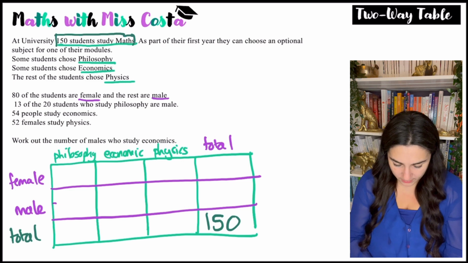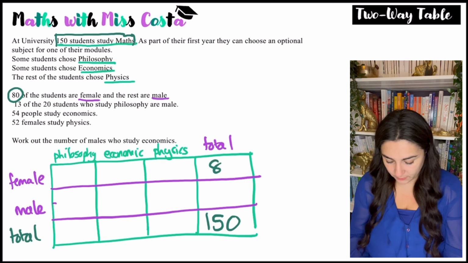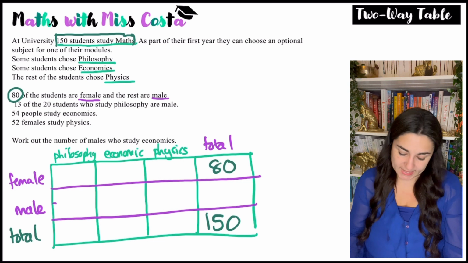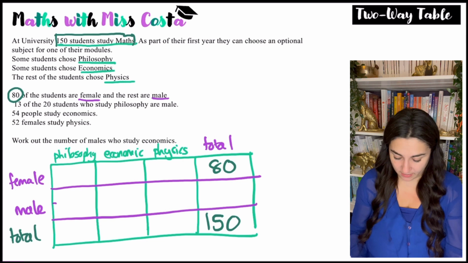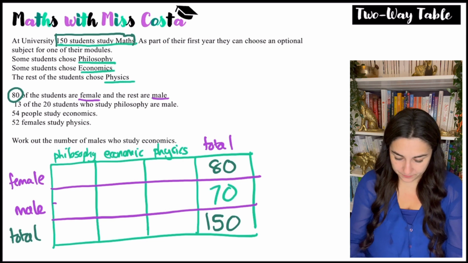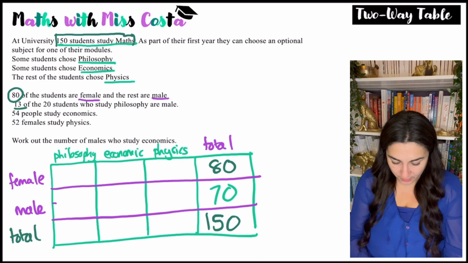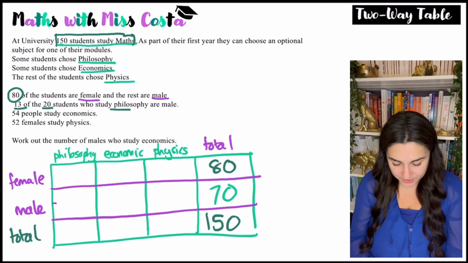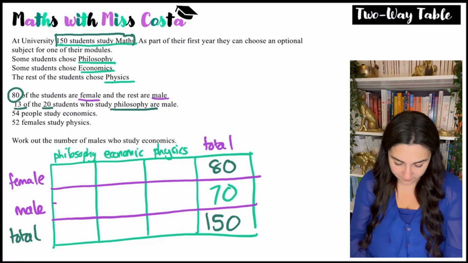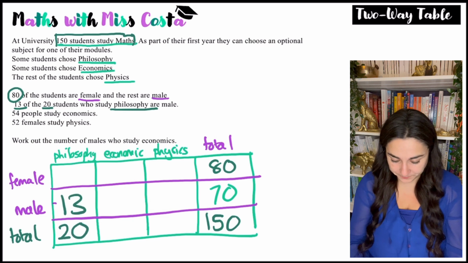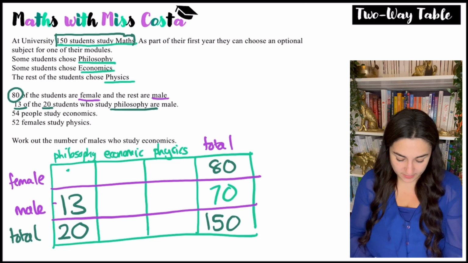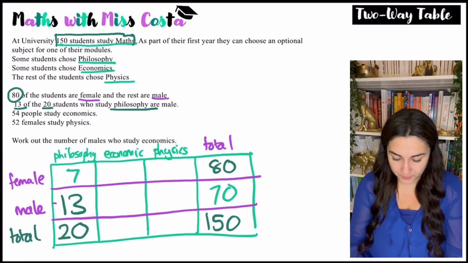I know 80 of the students are female, so in my female column total, that's going to be 80. These 2 columns must sum to make 150, so that is going to be 70. I know that 13 of the 20 students who study philosophy, so along my philosophy column, that must be 20 in total, and 13 of those people are male. So if that must sum to 20, that must mean 7 are female.